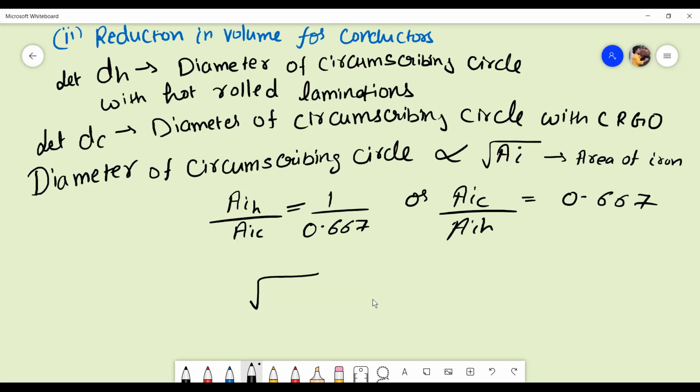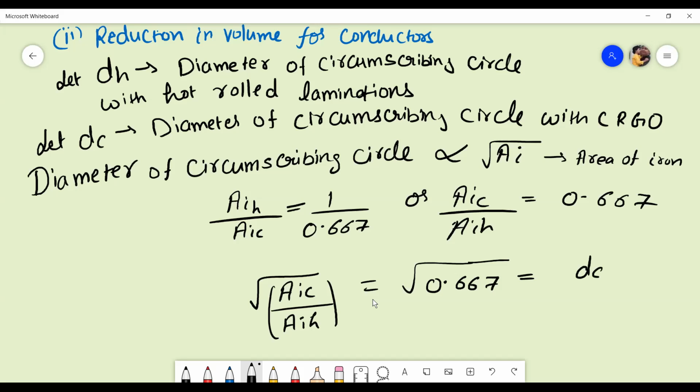Now you can just take the root of this. So under root of AIC by AIH will be equal to under root of 0.667, right? And this will be the ratio of dC by dH.